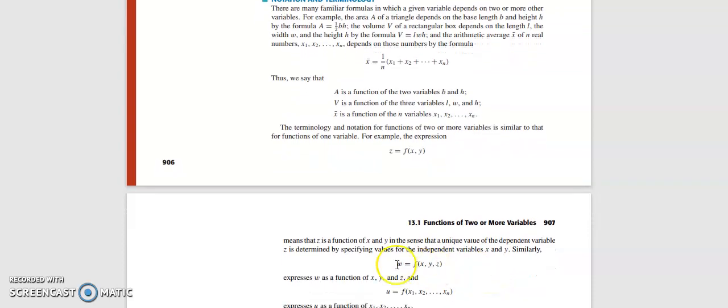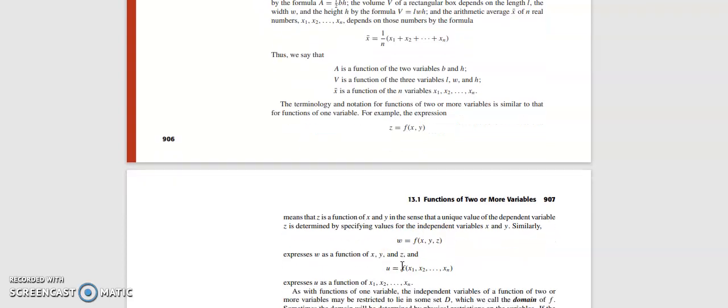Similarly, when you have a function of 3 variables, this is one of the notations. We usually denote it as w equal to f of x, y, z. So w is a function of x, y and z. Here there are 3 independent variables and 1 dependent variable.